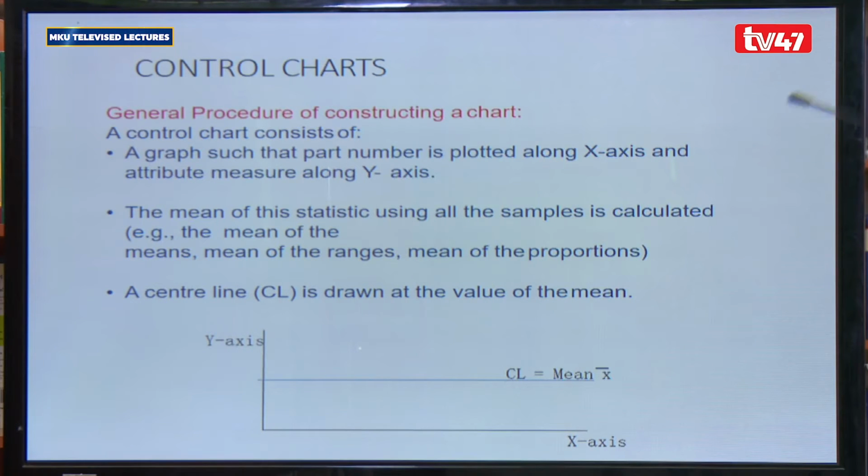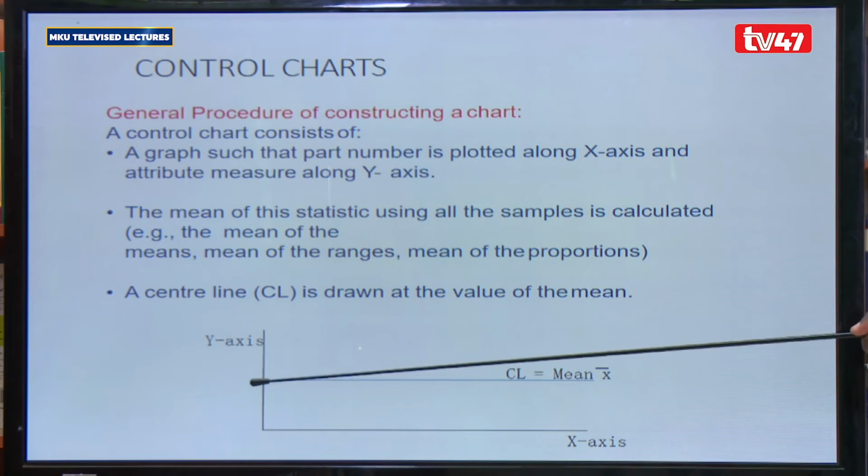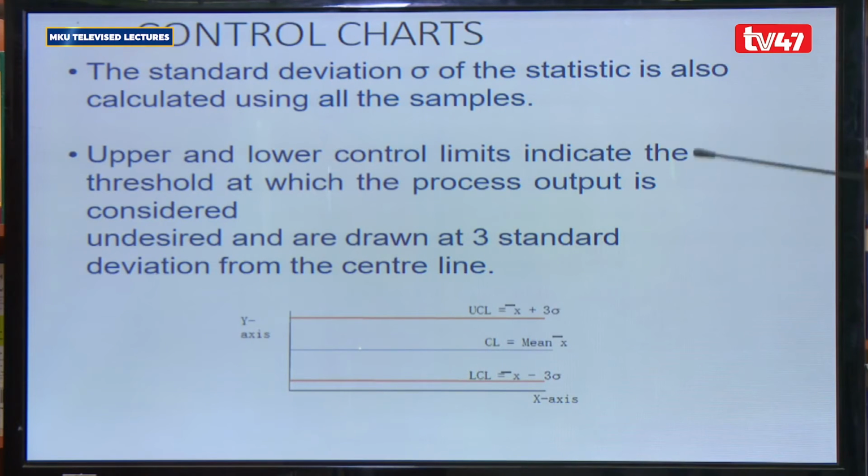The mean of the statistic under consideration will be the mean of all the samples used, so that we plot the center line, or the control line. Then we have these two that give us the upper and the lower limit.